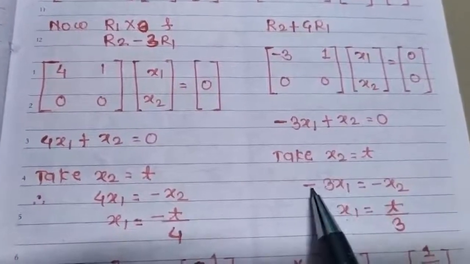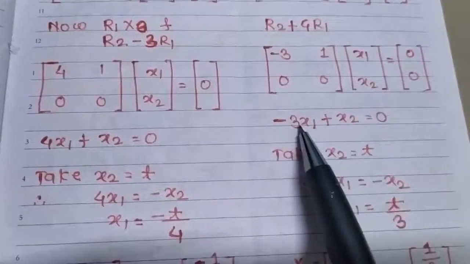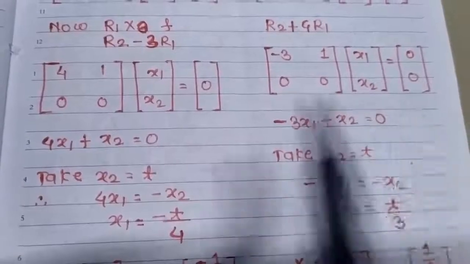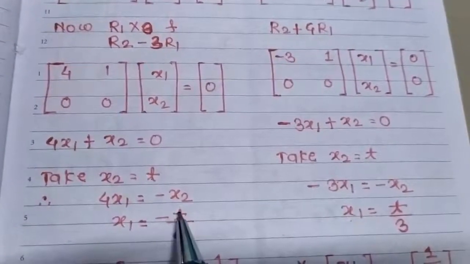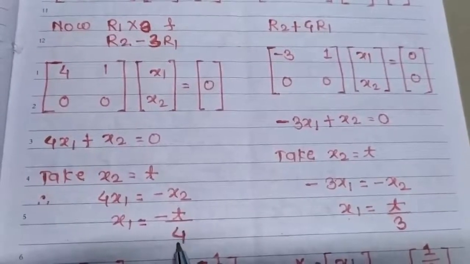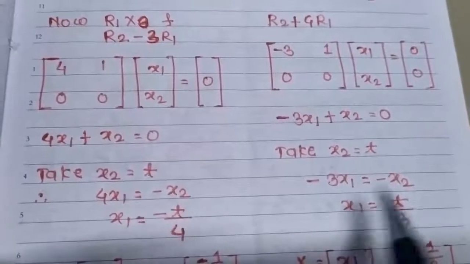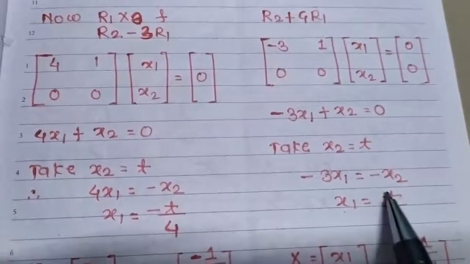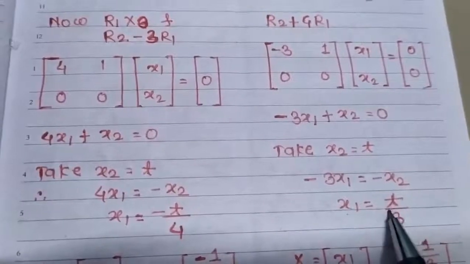Here minus 3x1 is equal to minus x2. Now x1 is equal to minus x2 by 4, but x2 is t, and here x1 is equal to x2 by 3, which means t by 3.